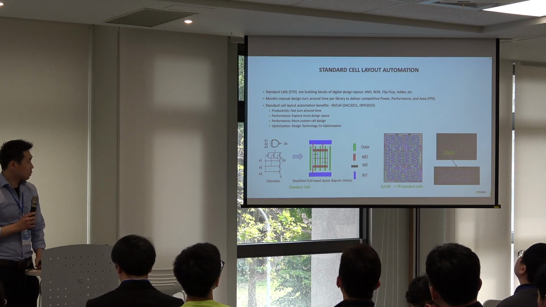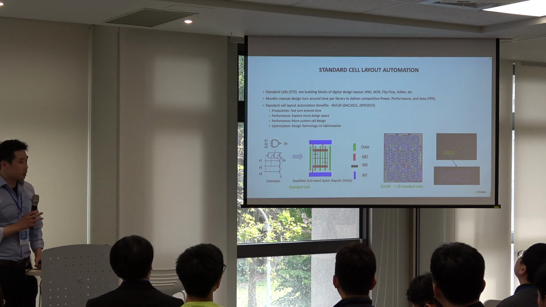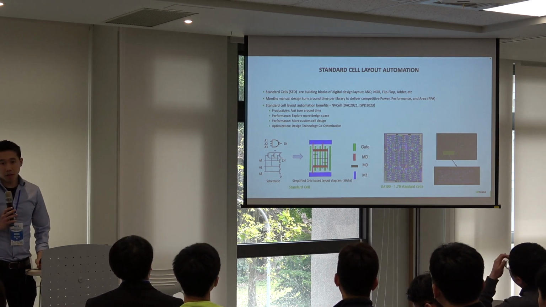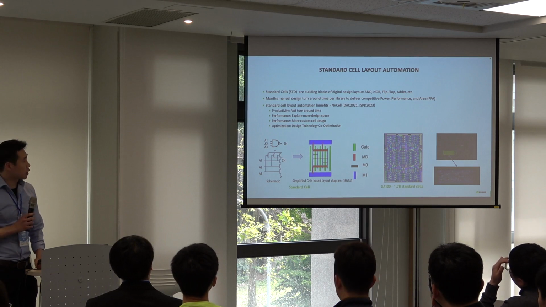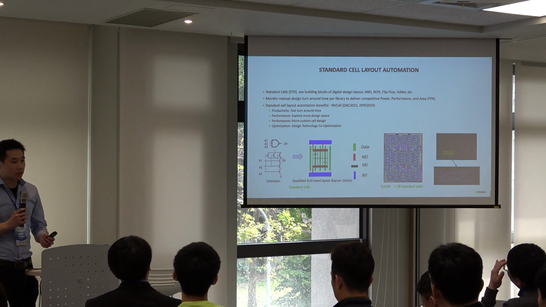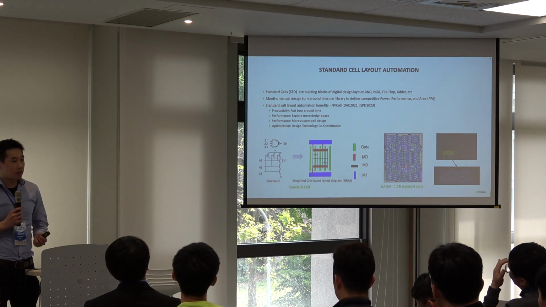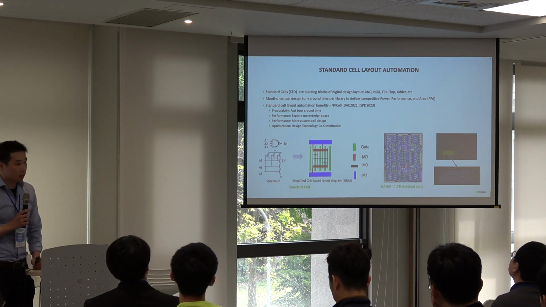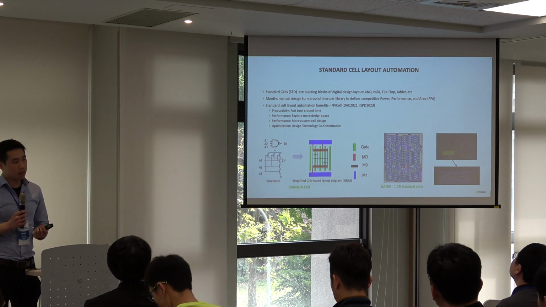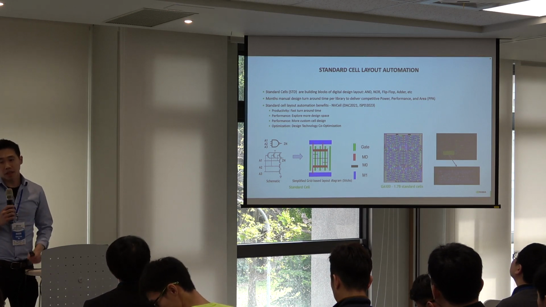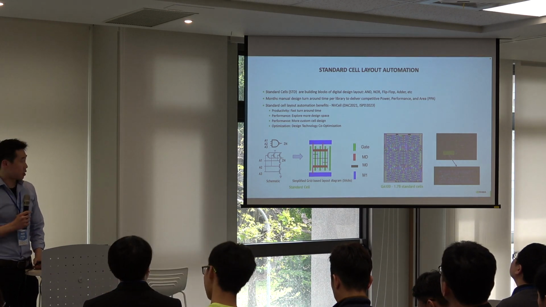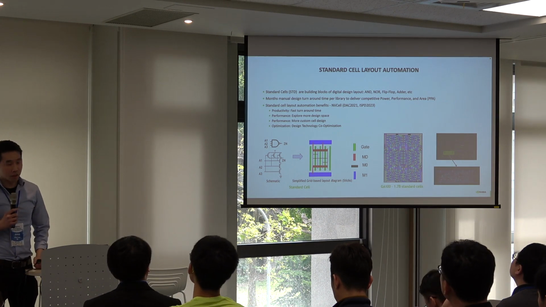As a result, even nowadays, standard cell library designers are still struggling to deliver very high quality and competitive PPA standard cell libraries in a short amount of time. They usually take months to deliver a high quality cell library.